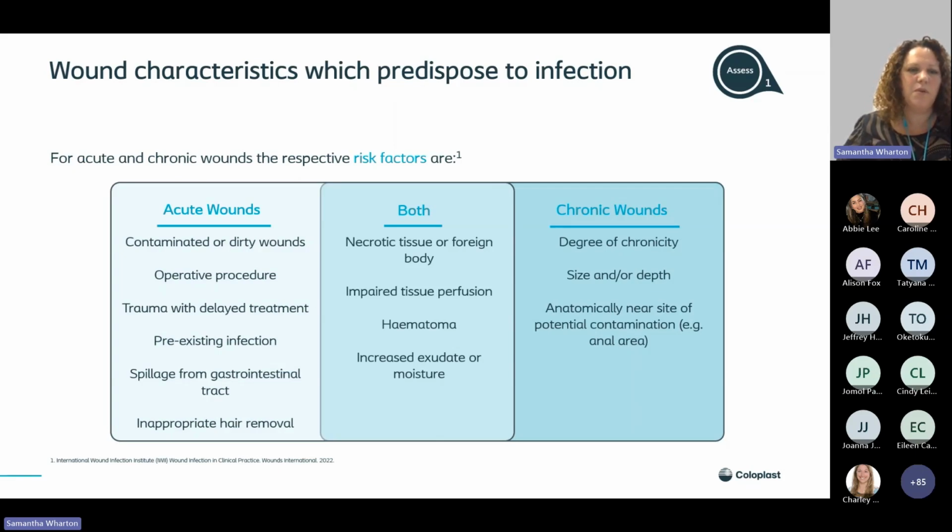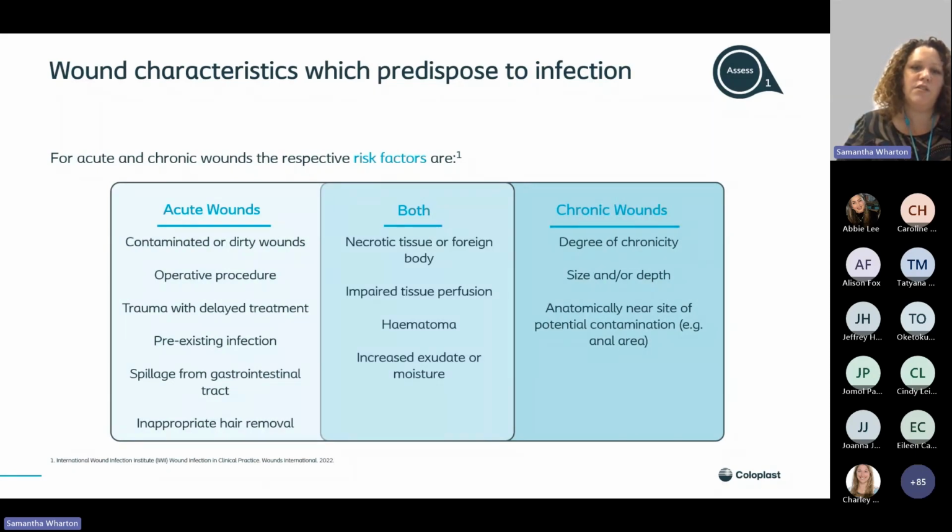That would be a dirty wound because it's been caused by a dirty commode, and you need to be more vigilant of infections. Inappropriate hair removal, pre-existing infection, all of those will make those acute wounds more prone to infection.